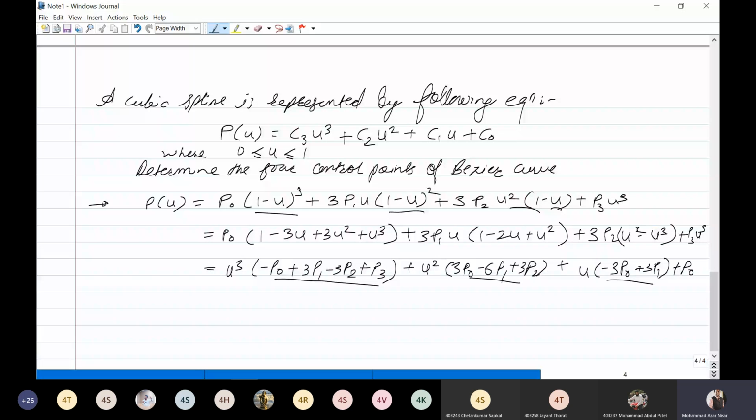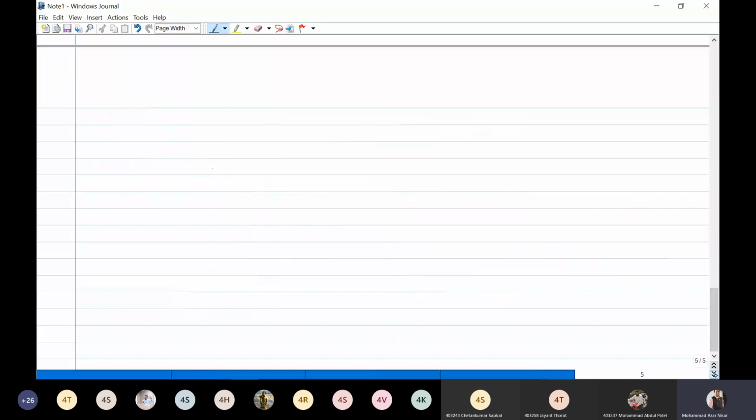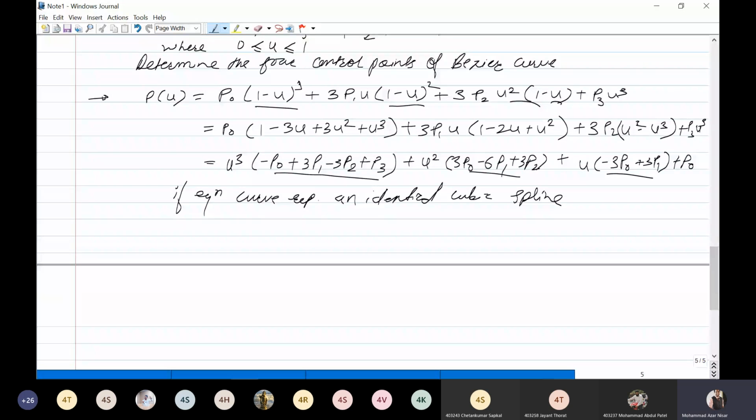Okay, so write that if the equation curve representation and identical cubic spline, then we can write down C3 equal to this bracket minus P0 plus 3P1 minus 3P2 plus P3.